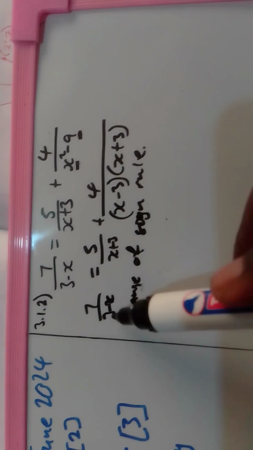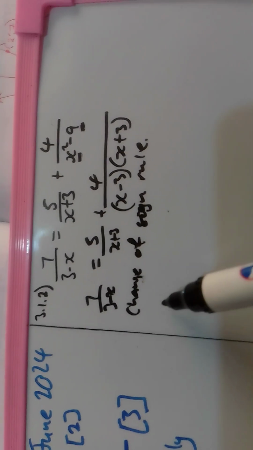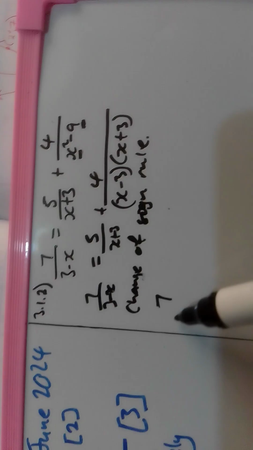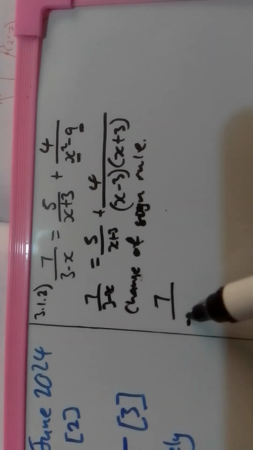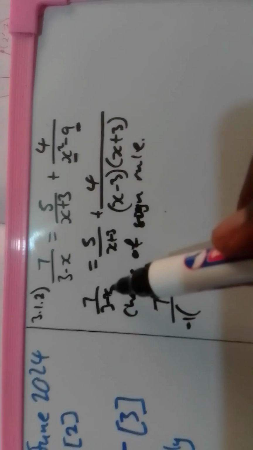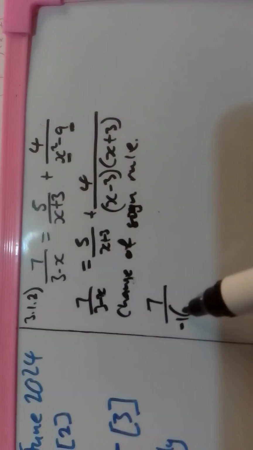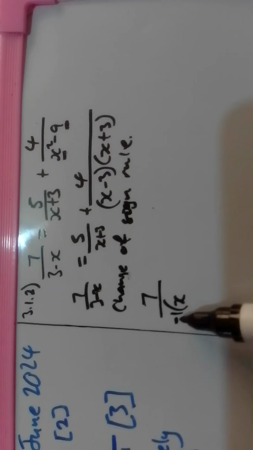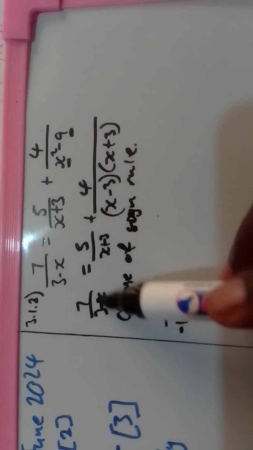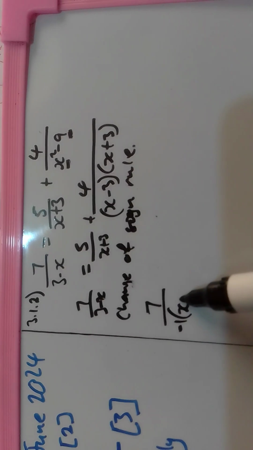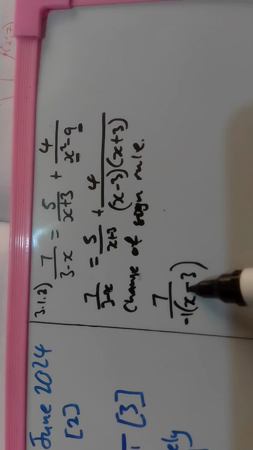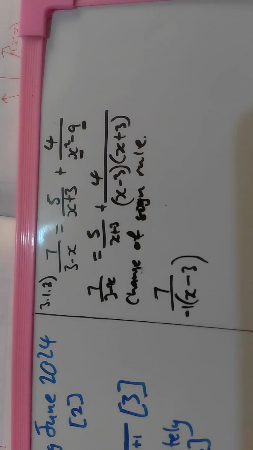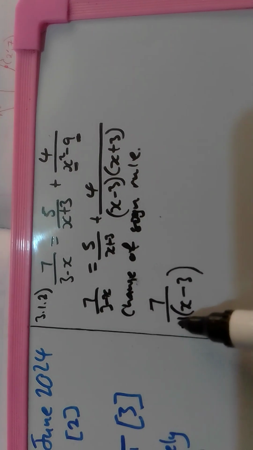So here now I'm factoring out the negative, so I write 7 here over, then I factor out a negative. I have a negative 1 multiplied by this negative x, it's now a positive x. Observe, negative times this, it will still go back to negative x. And then here I put a negative 3. And when I say negative times negative, it goes back to a positive 3. So I factored out this negative 1.